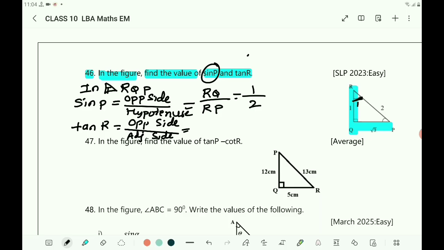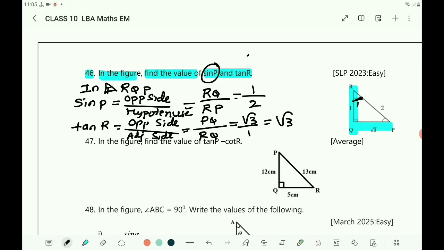And you write PQ by RQ. PQ is root 3. Root 3 by 1 equals root 3.